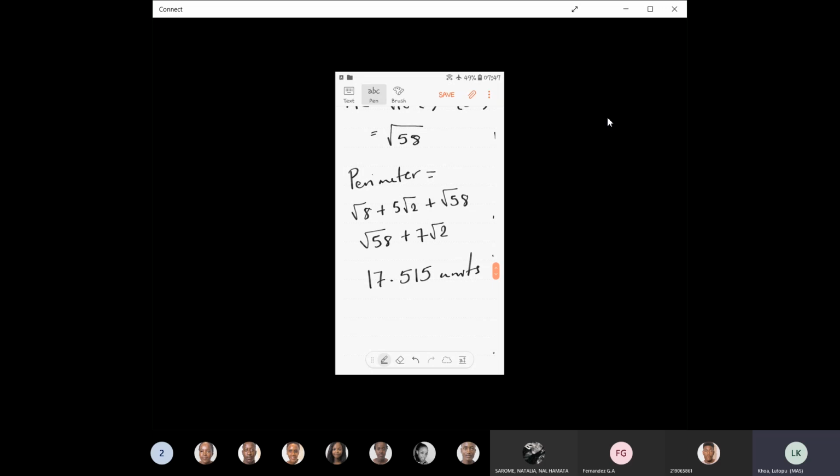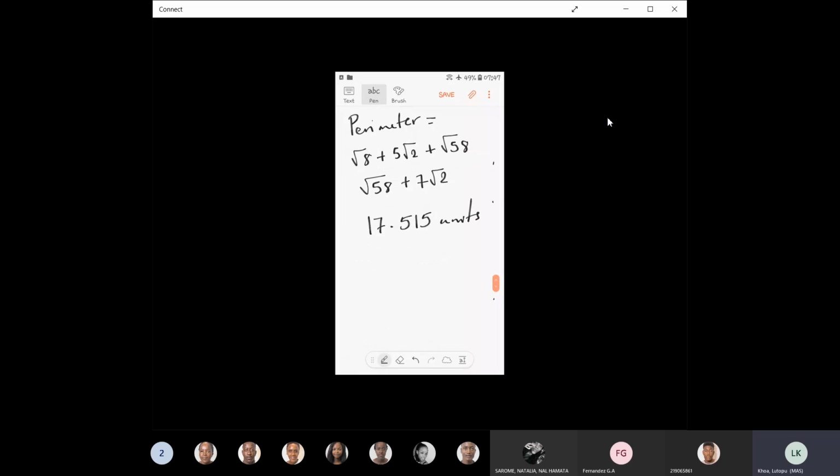Then the second part says we have to prove that this is a right-angled triangle. Now, if this is a right-angled triangle, then Pythagoras' theorem is true for this triangle. So that means if I square two of the shorter sides, then it should be equal to the square of the other side. I have side 1, square root of 8.